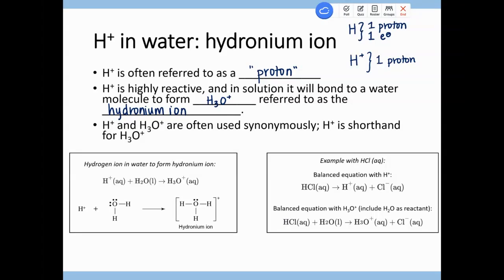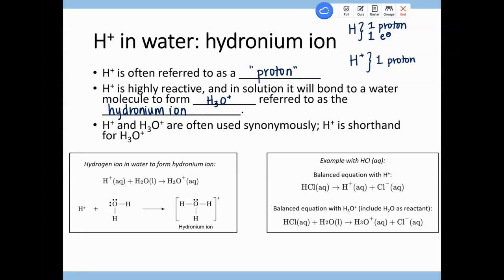So H plus and H3O plus are often used interchangeably, synonymously. So you might see H3O plus sometimes, you might see H plus, but if H plus is present in an aqueous solution, then it forms H3O plus.